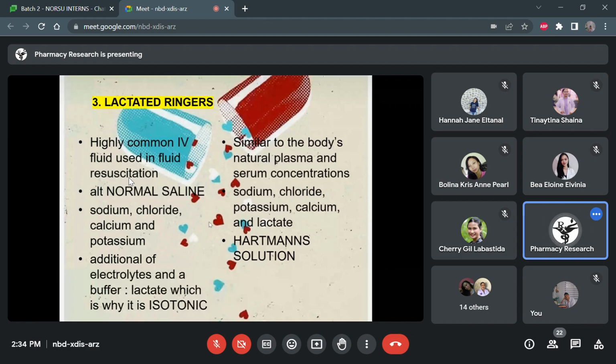Similar to the body's natural plasma and serum concentrations kay isotonic. And plain LR also called Hartmann's solution. So, contain siya og potassium, calcium, and lactate, sodium, and chloride. Take note the content and the other name of lactated ringers and the color.